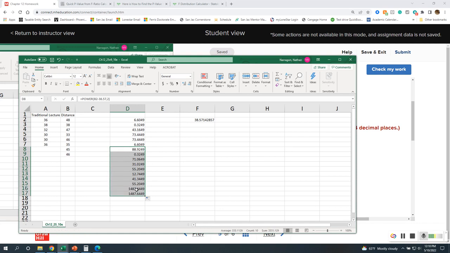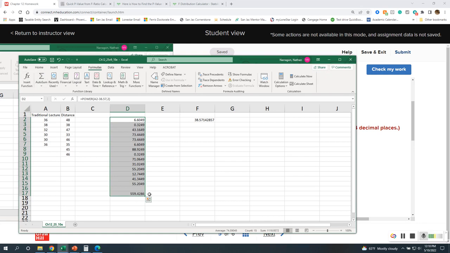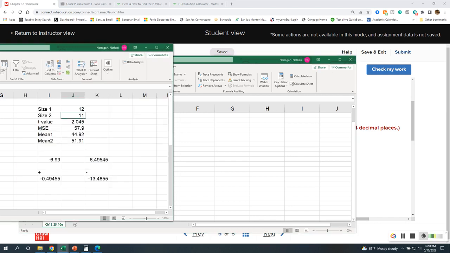Keep going until it probably zeroes out, which means it's basically the same number. There we go. So we should have 14. We do. And sum it. Awesome. So ours is 559.4286.